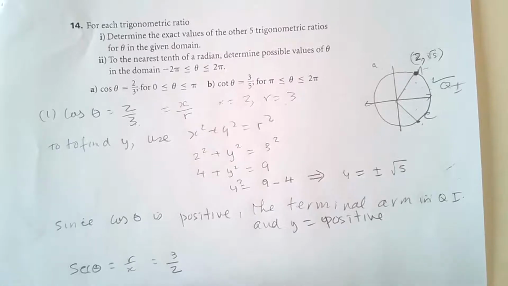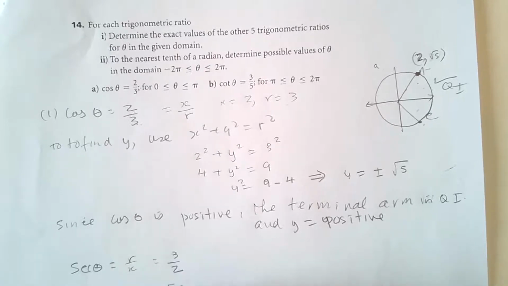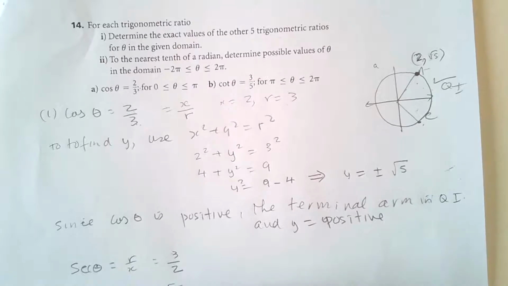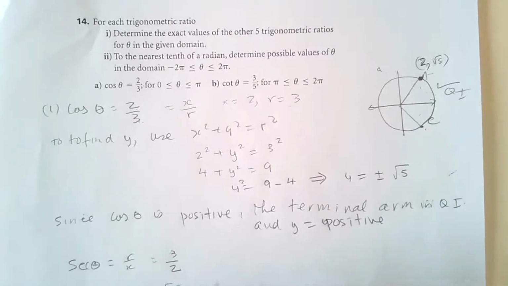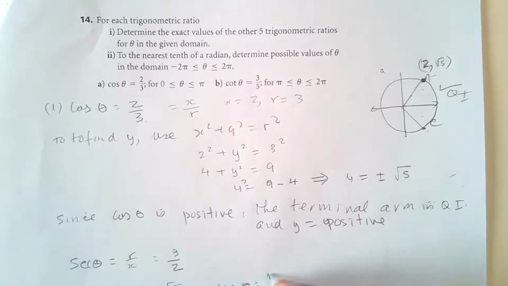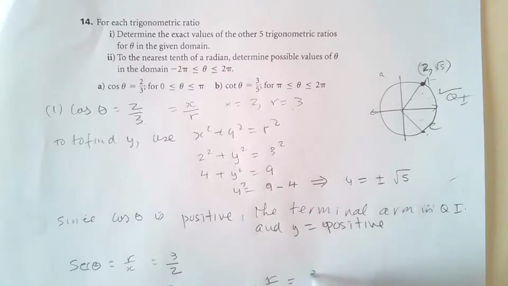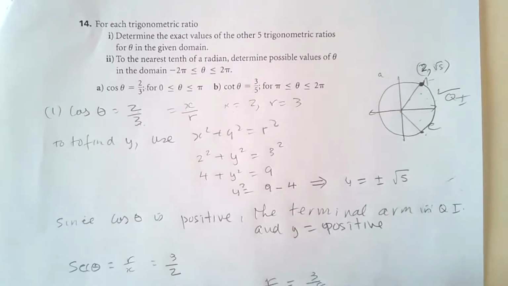Sine theta is y over r, and that will give us root 5 over 3. And cosecant theta is r over y, which is the reciprocal of sine, so that gives us 3 over root 5.